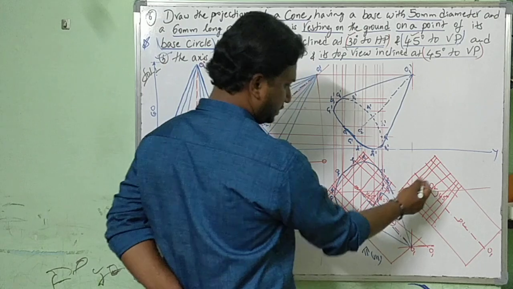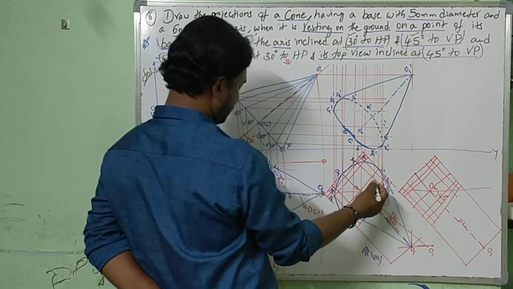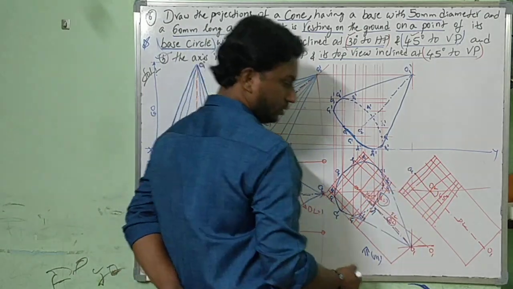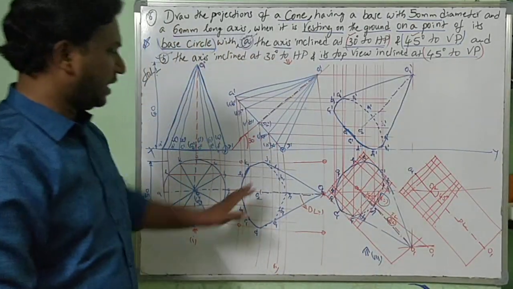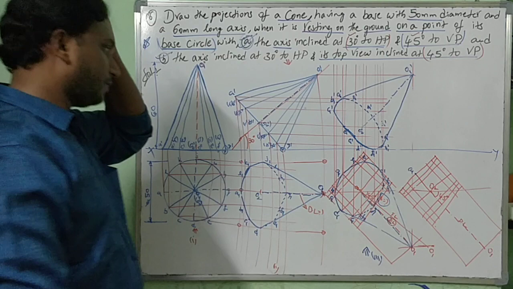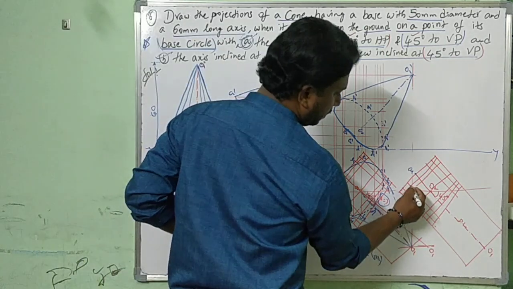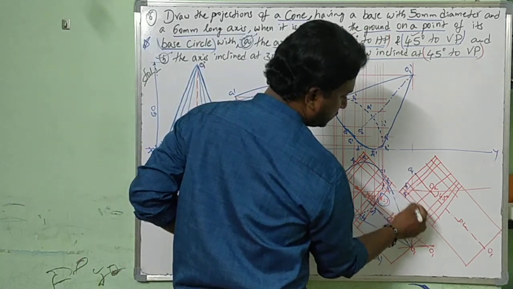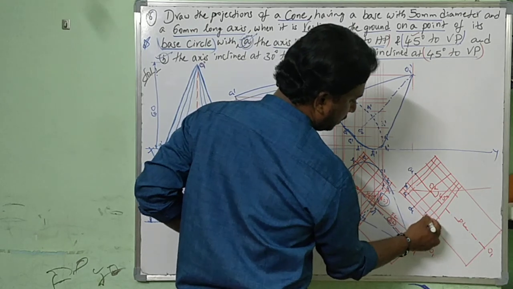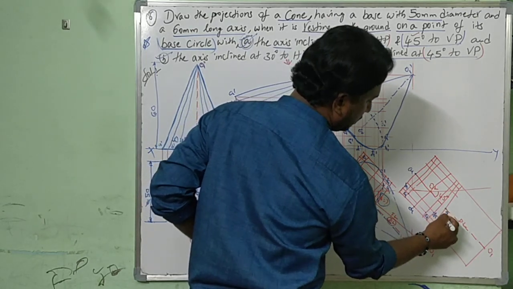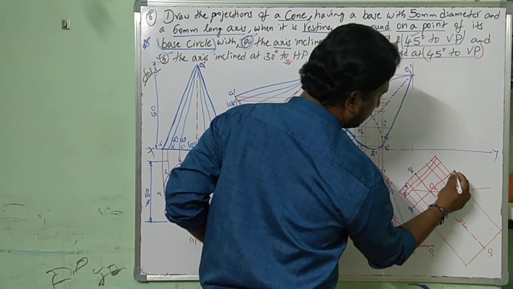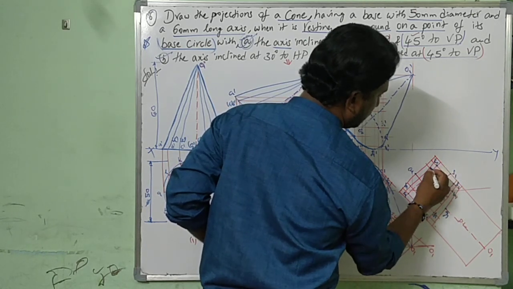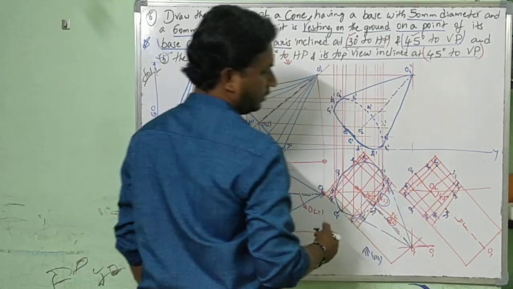Pick the points, same points here. O2 comes here, A1. And I am taking it as A1 itself because it is the same thing I am rotating, not a new one. A1, B1, C1, D1, E1, F1, G1, H1, I1, J1, K1, L1.